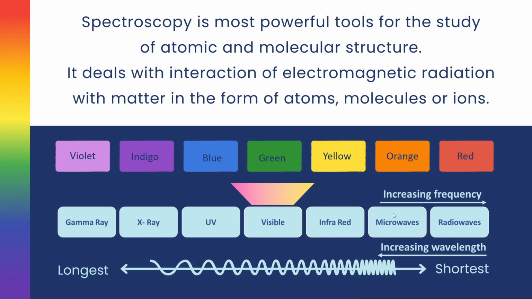Microwaves are used in rotational spectroscopy, studying molecular rotations. Radio waves are used in techniques like NMR, that is nuclear magnetic resonance, which probes atomic environments. So, spectroscopy relies on these interactions to reveal critical information about the structure and composition of matter.